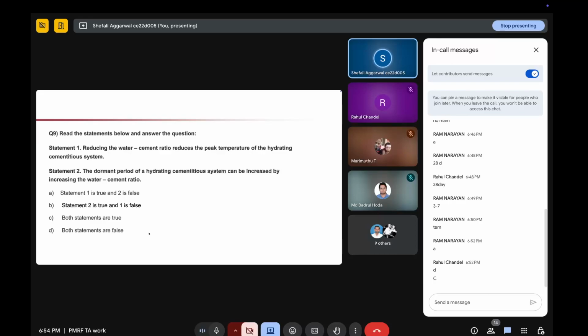Any other person who has any opinion? One is false. Yes. So you are correct. Actually, statement 2 is true and 1 is false.